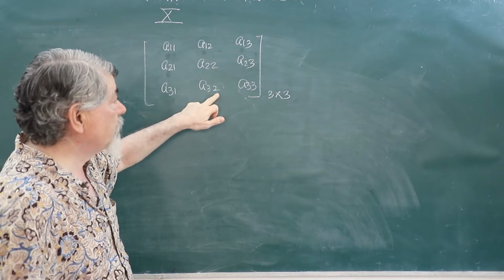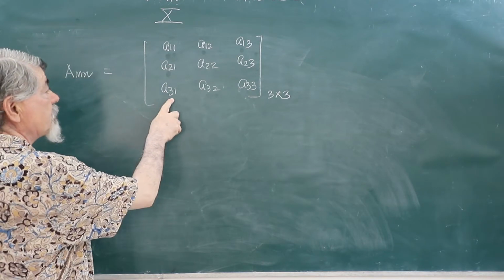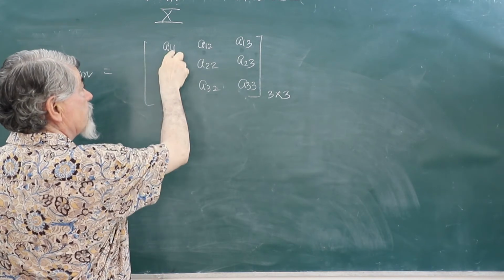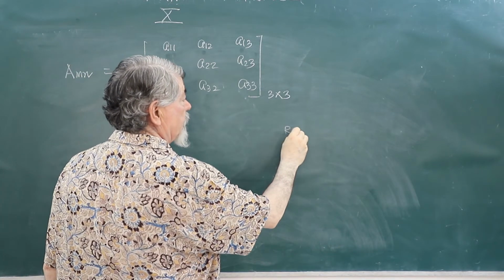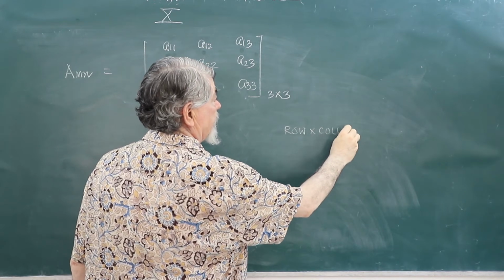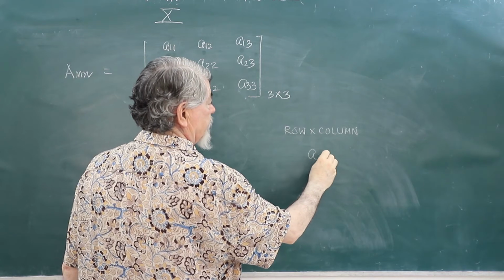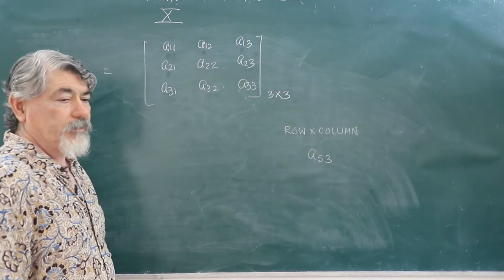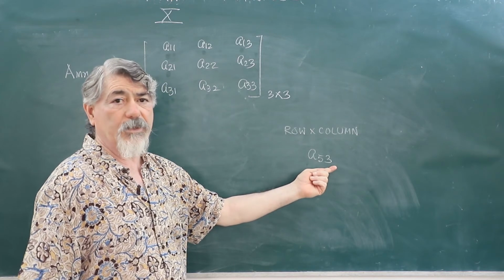A32 is third row, second column, and A33 is third row, third column. So the first number will always represent the row, because we are saying row into column. So if I say A53, this element belongs to the fifth row and third column.